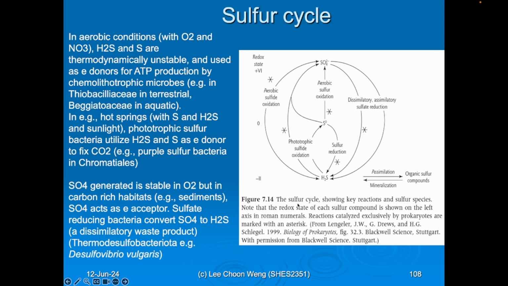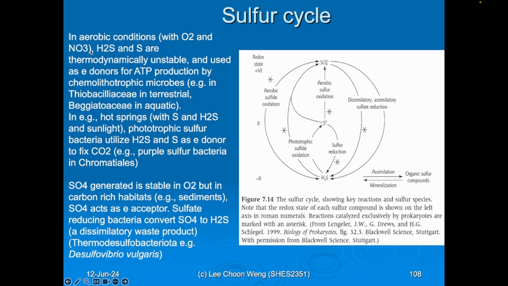Here you can see the sulfur cycle, which shows the key reactions and the sulfur species. So you have sulfide oxidation by phototrophs, okay, and you have sulfate reduction, both dissimilatory and also assimilatory.